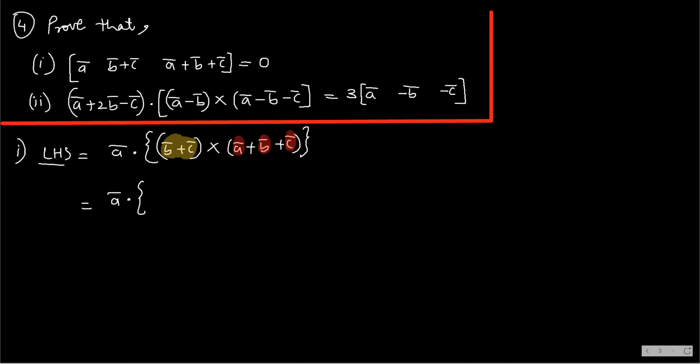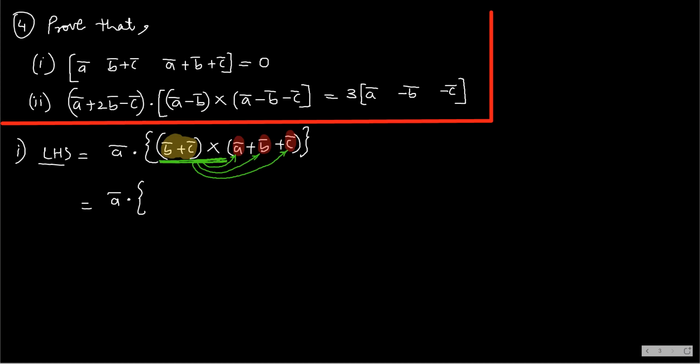So you know what we are going to do? We will distribute cross over sum. So B bar plus C bar cross A bar, B bar plus C bar cross B bar, B bar plus C bar cross C bar. This is known as distribution of cross over sum. See, here you have plus sign. So distribution of cross over sum. This is what we are going to do.